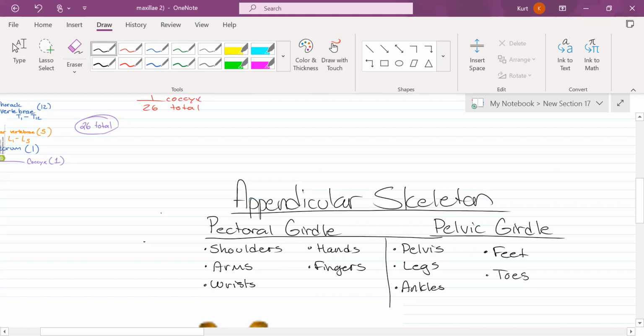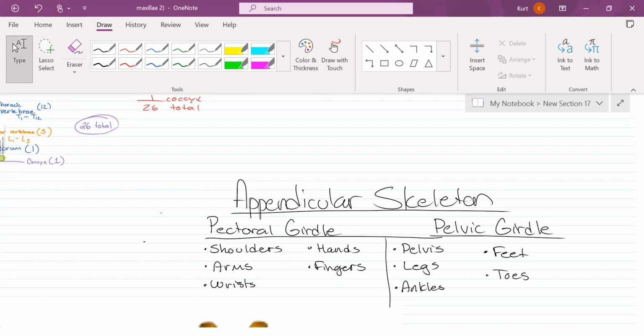We will be going over all of those today. Give me a moment to write those down. We'll quickly go over the rib cage. I'll show you the hyoid once again, and then that will move us into the appendicular.